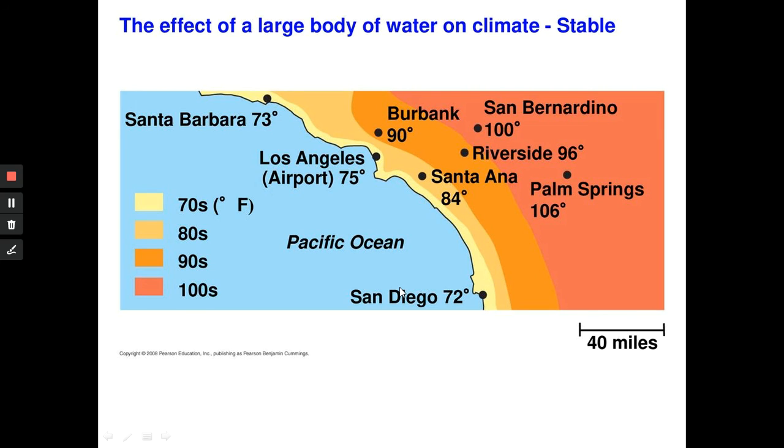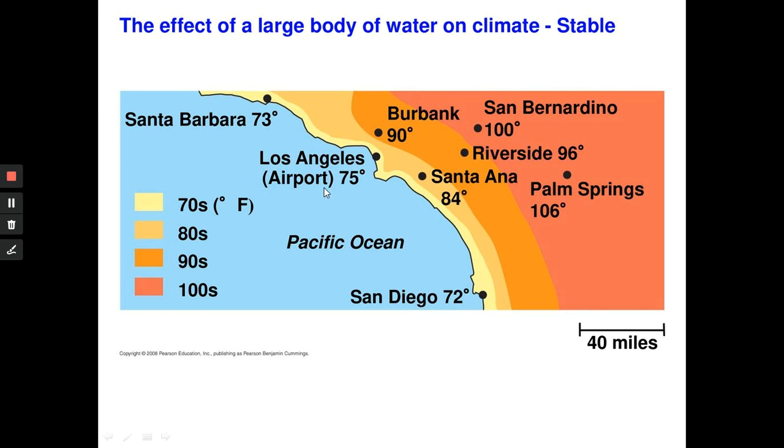So how does that affect us? Let's take a look at the climate in Southern California. During a typical summer day, the temperature in the cities located on the shoreline is much lower than in the inland cities. Take Santa Barbara, Los Angeles, and San Diego: their average temperatures are typically in the mid 70s.